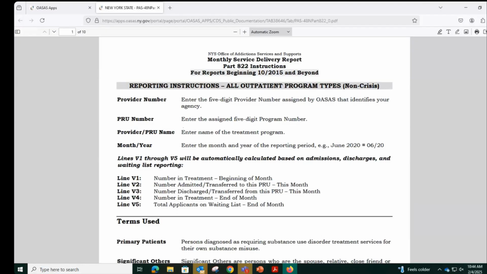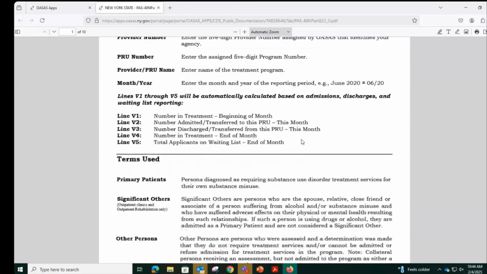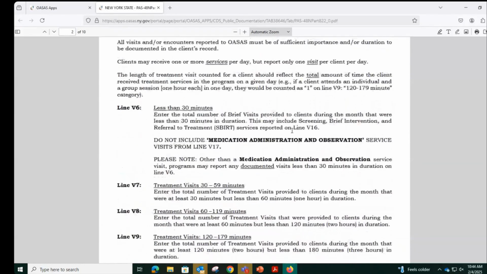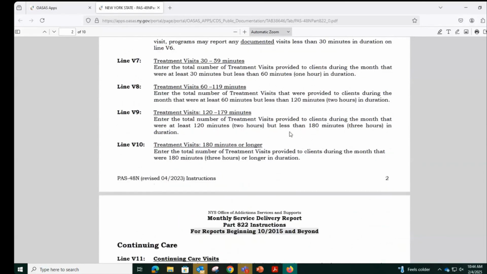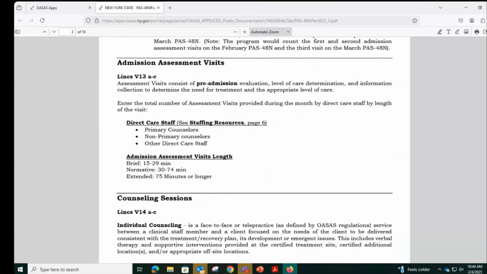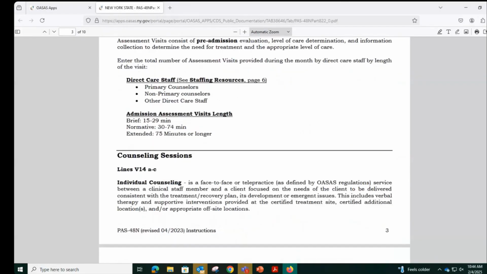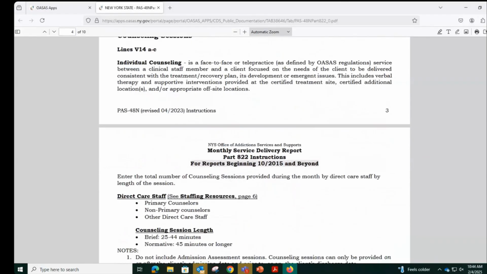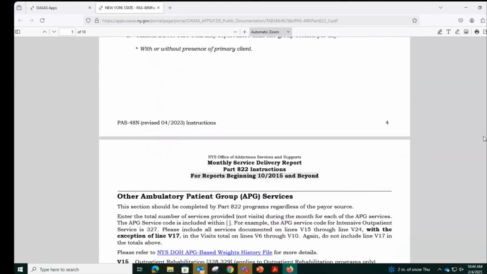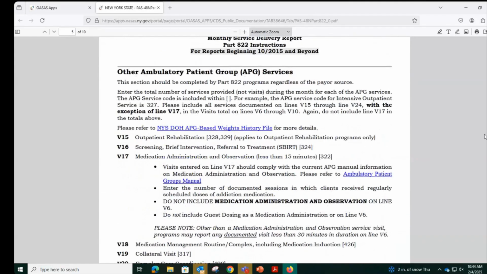That's the Part 822 instructions, and we just break them down in the same order that you will see the form, with definitions, treatment visits, counseling sessions. It will give a brief description of individual sessions. And I'm sorry about the scrolling. I wish I had a page icon at the time, but I don't. Here we also see the APG section.